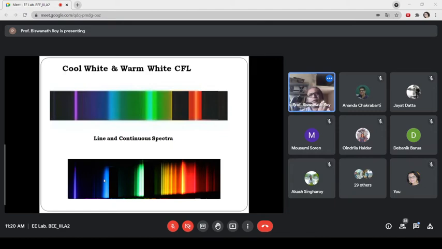But maximum emission occurs in the red region, green region, and blue region. So this kind of spectrum is visible. Here also it is not possible to discriminate the red, green, and blue like a line spectrum. And phosphor in most of the cases emits radiation in a continuous manner, all the wavelengths.